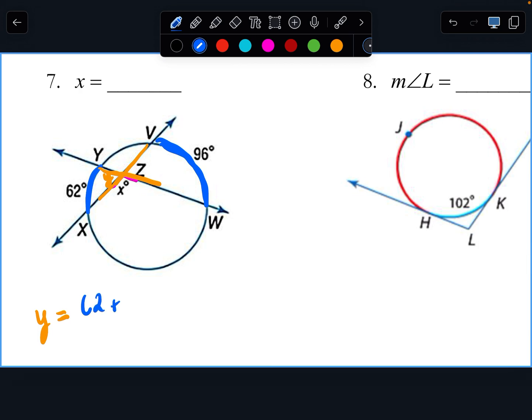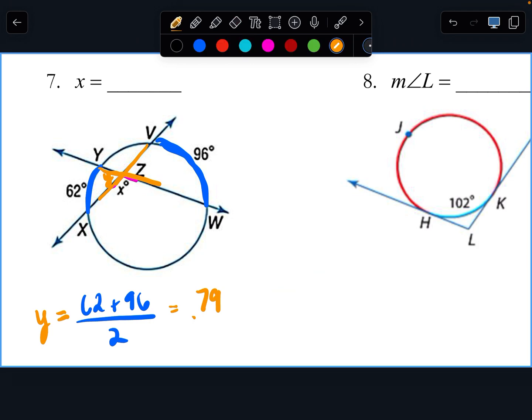So you're going to do 62 and 96 divided by 2, and you're going to get your answer for that. So what is that? 158. Oh, 50 and 24, 79.